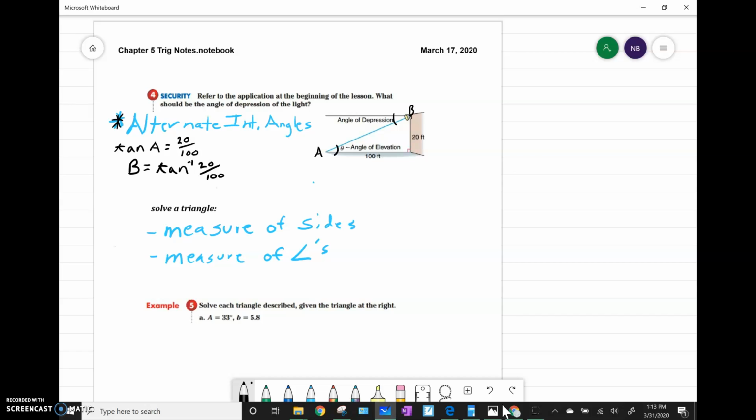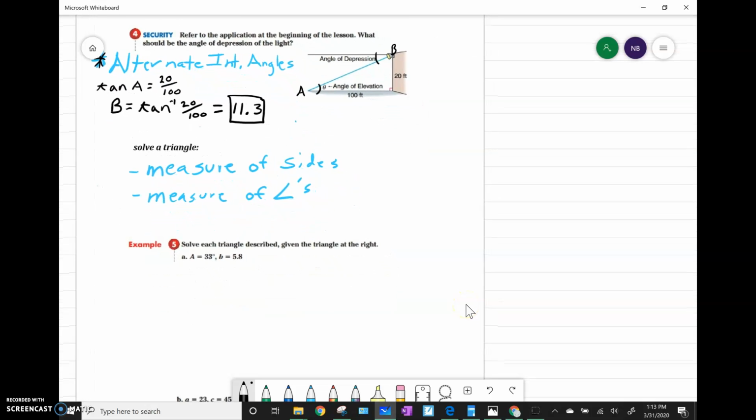All right, and if you were to put that in your calculator, you would get that angle B is 11.3. All right, that's going to play a role when we get farther down into our examples. So let's go ahead and look at example 5.